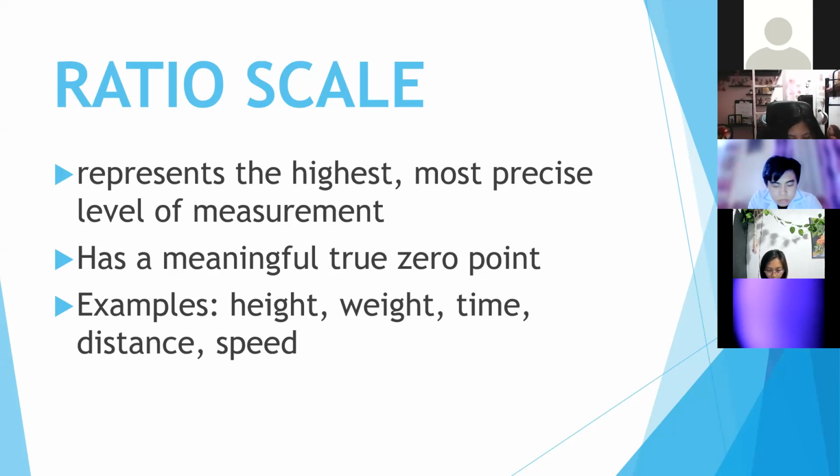Na pag sinabi mong zero, zero talaga yun, wala. Okay? Wala talaga siya. Like pag zero ang distance, wala talaga yun siyang distance. Hindi kagaya sa interval scale kanina, na kapag ka makakuha ka ng score na zero, hindi yun ibig sabihin wala ka ng intelligence. Okay? So yun lang yung kaibahan nila.